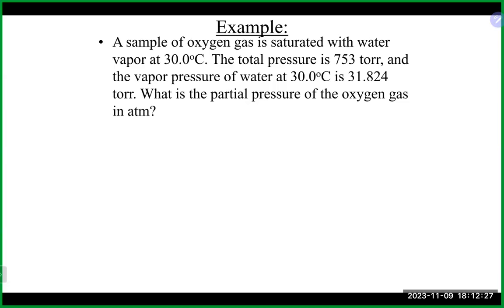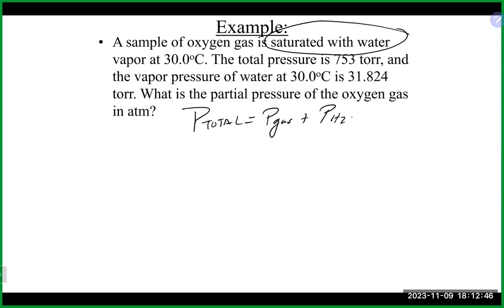Okay, so in this situation, the key phrase here is that we are saturating it with water vapor. So again, this tells you it's the situation that we were just talking about, that the total pressure is the pressure of the gas we're interested in plus the vapor pressure of water. And in this case, the gas we're interested in is oxygen.